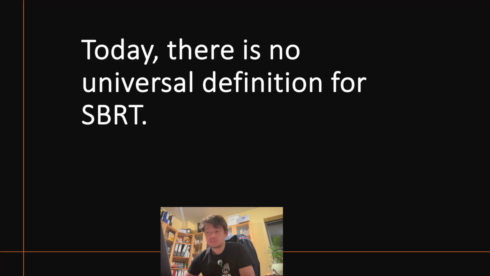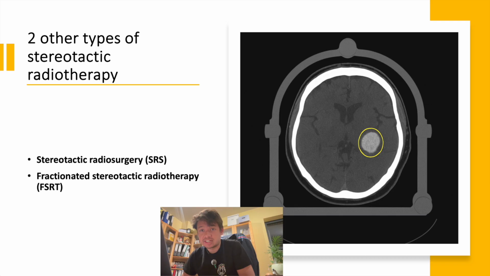However, it's part of a broader family of stereotactic techniques, which includes SRS and FSRT, for stereotactic radiosurgery and fractionated stereotactic radiotherapy. These are primarily used for intracranial treatment, so SRS is in one single fraction and FSRT is for a few fractions, whereas SBRT applies the same principles but for extracranial tumors.